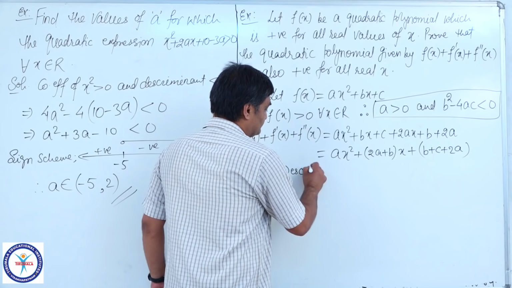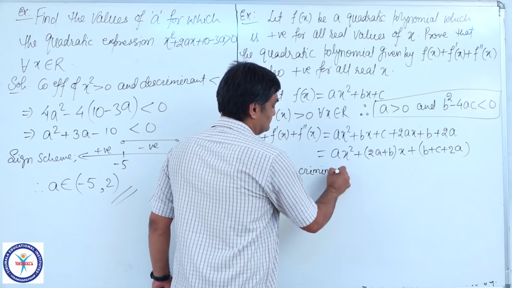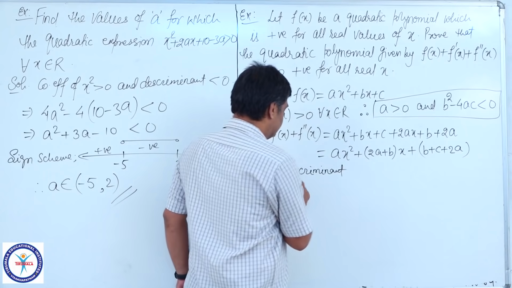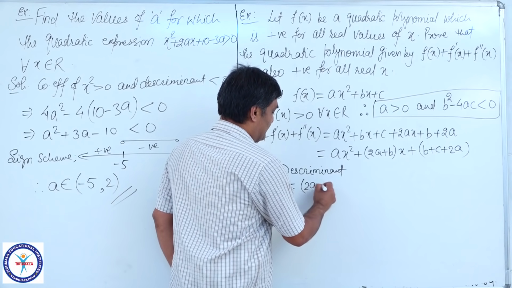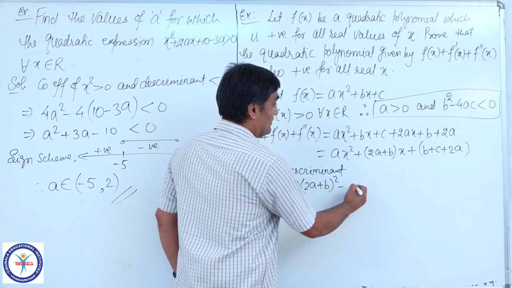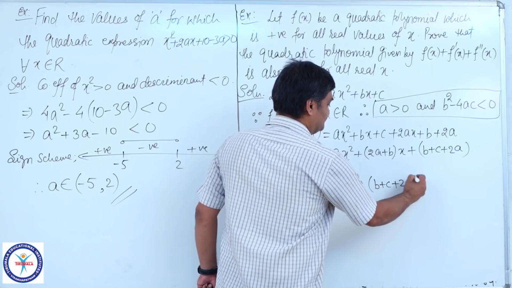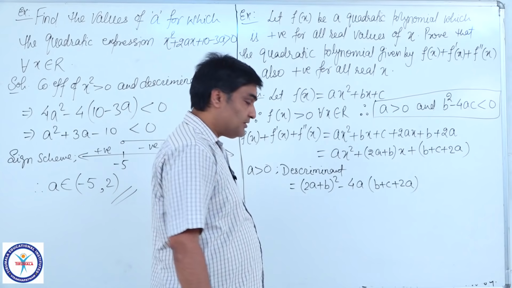Discriminant: b square means (2a plus b) whole square minus 4a times (b plus c plus 2a).